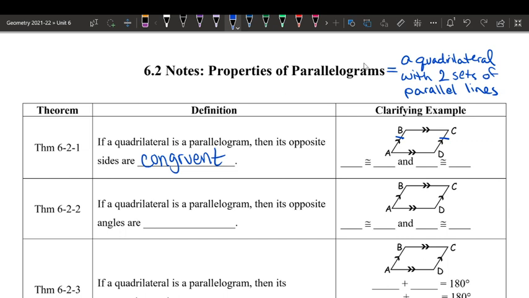So I could say segment AB is congruent to segment DC. And I know the top is congruent to the bottom, so segment BC is congruent to segment AD.